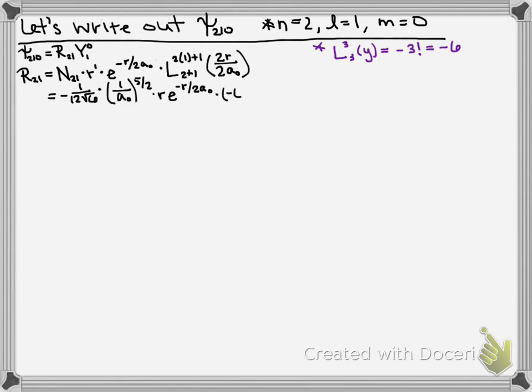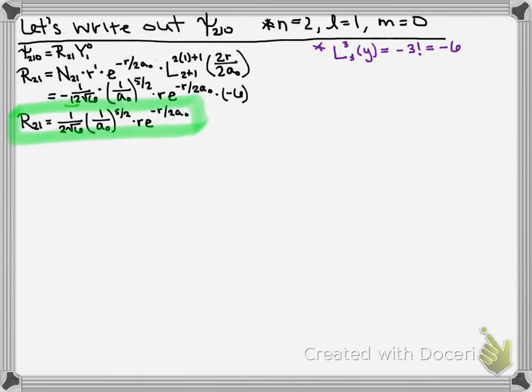So we can just plug a negative 6 in. Well, that's not so bad. We can simplify a little bit because we have, note, a negative 12 over here. So that is just going to become 1 over 2 square root of 6 at the beginning, 1 over a naught to the 5/2 r. And then we have our exponential function. And ta-da! We have a radial wave function. So this is what our radial wave function looks like.